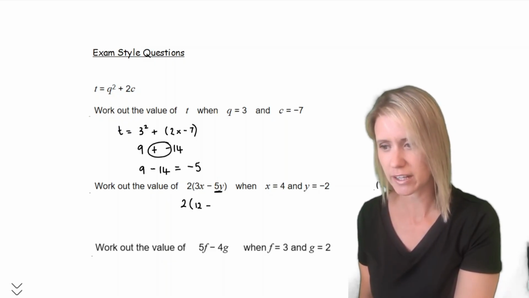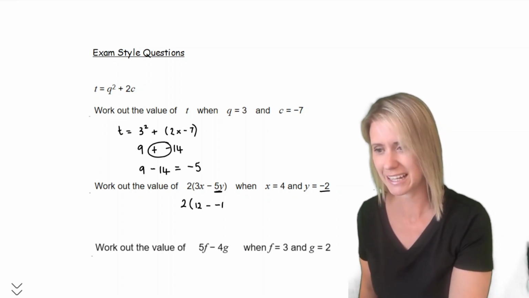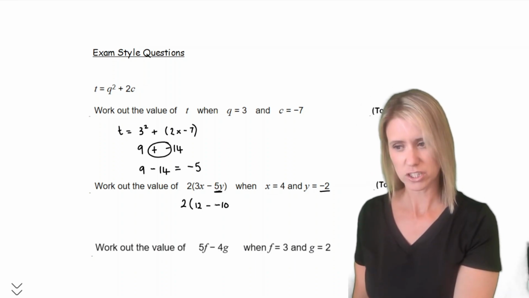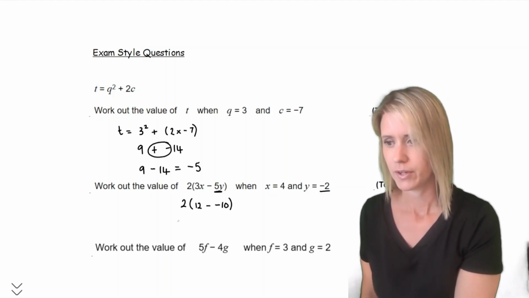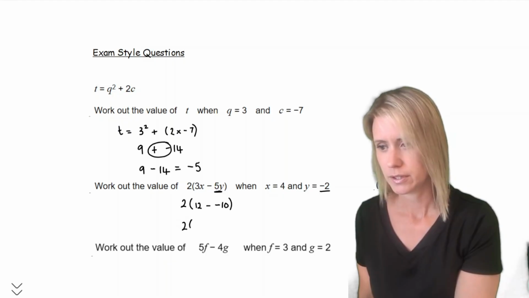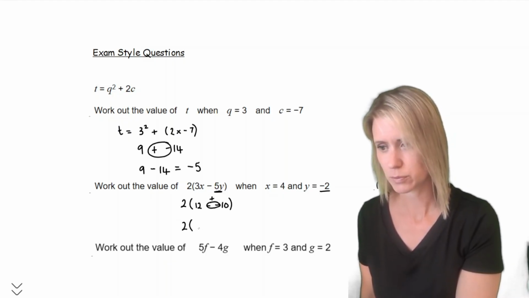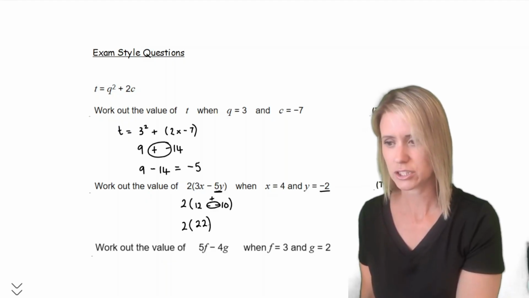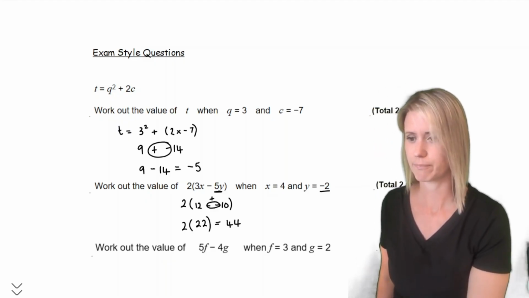Just looking at that 5y, we're doing 5 lots of -2, which is -10. Notice how I've got the double negatives because the 5y is negative. 12 add 10 is 22. And 2 lots of 22 is equal to 44 for your 2 marks there.